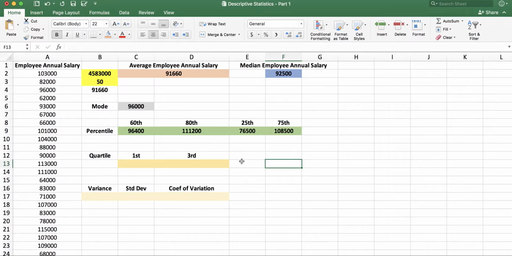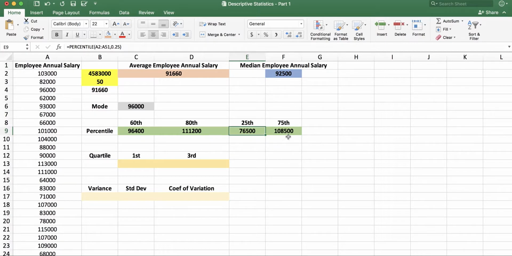What I want to show you here is, as you look at higher percentiles, for example when you go from the 25th percentile up to the 75th percentile, the value it corresponds to also increases. And this makes sense. If you are looking at the value from which 25% of the values are less than it, this tells me that 25% of your data values are less than 76,500.